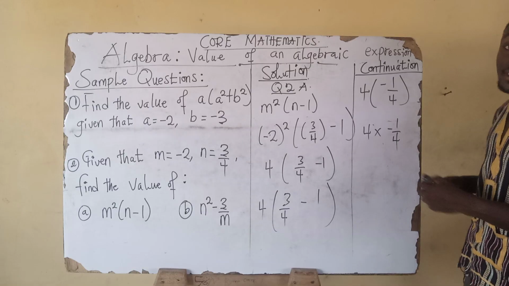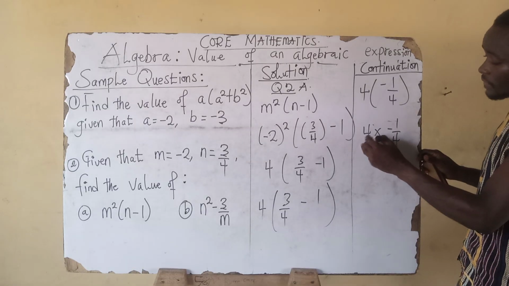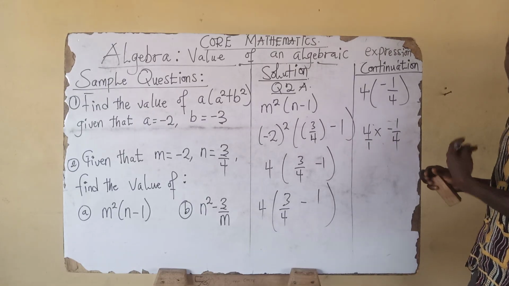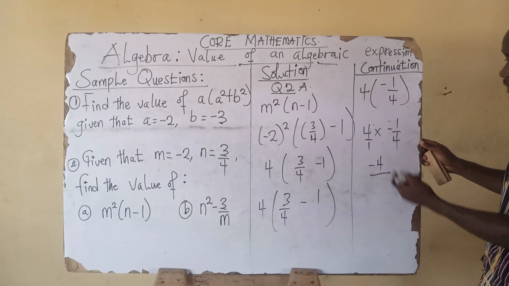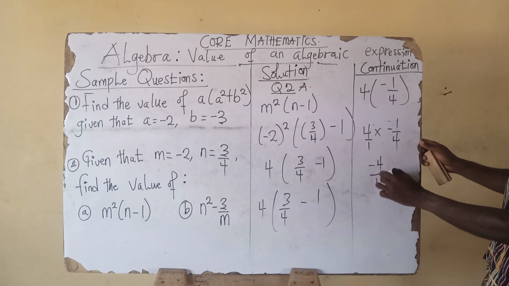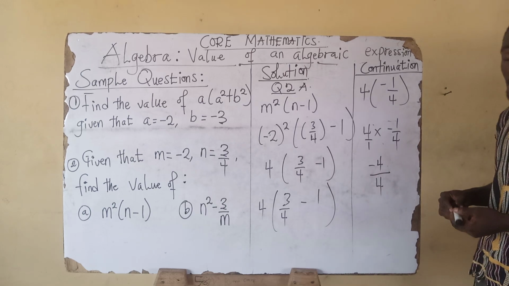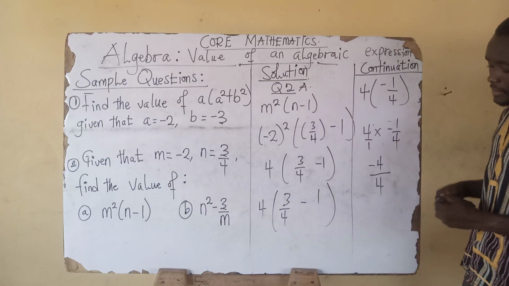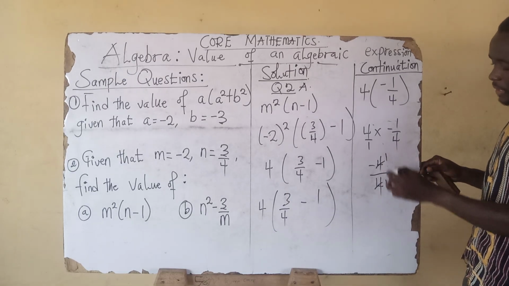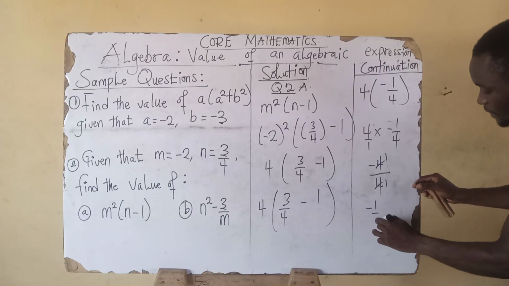And because the 4 here is a whole number, it has a denominator of what? 1. So I can multiply. Now 4 times negative 1, I'm going to get negative 4 all over 1 times 4. I'm going to get what? 4. Are you with me? Very good. And here, cancellation can set in. 4 goes into 4 once. So I'm going to get negative 1 over 1.